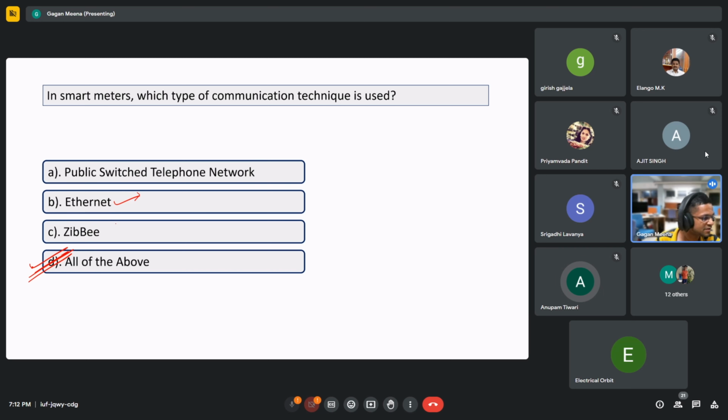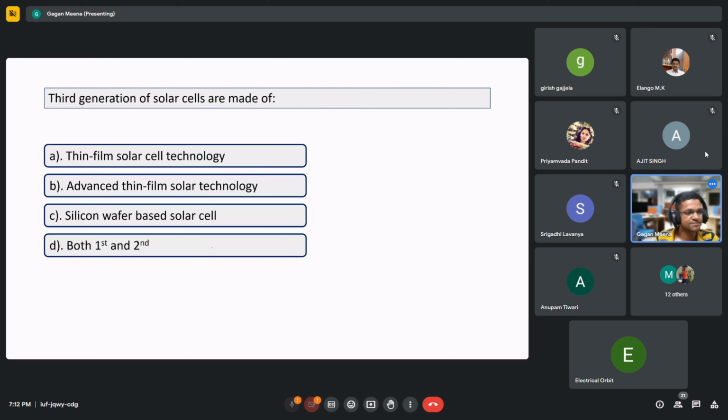Fiber optic cables can also be used for providing Ethernet services. And Zigbee is a wireless communication protocol. So the answer is D.